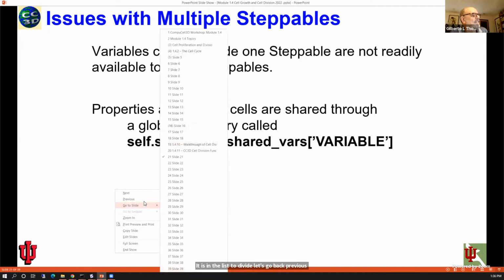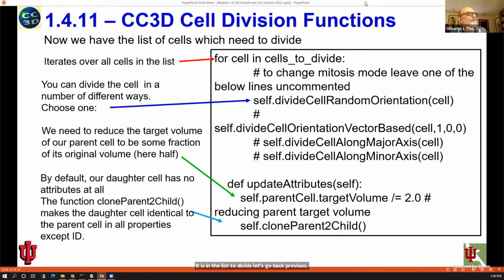No, one more. Here. If the cell is in the list to divide, which is, for example, if it has a volume more than double the initial volume, it enters in this list. And here, the cell is divided.